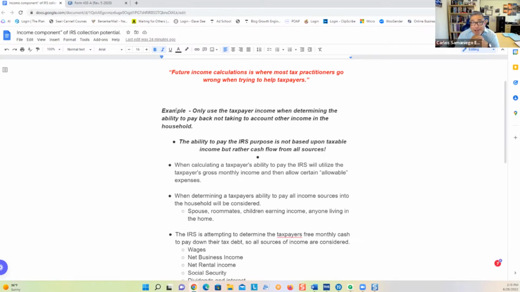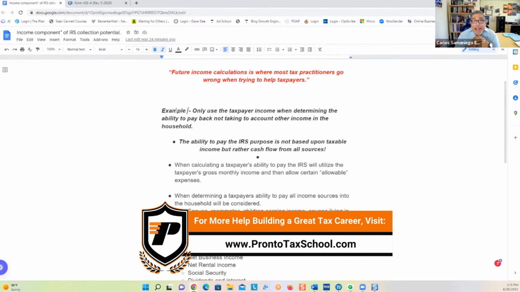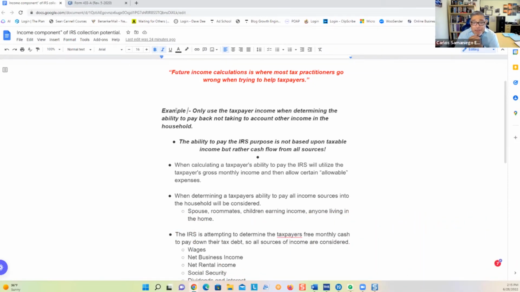Does anybody find that strange? As an example, let me use myself. When I didn't file my taxes, and then finally filed and had a huge, almost six-figure tax bill, when it was time for the IRS to determine the collection ability, even though it was my tax debt from before I got married, because I was married and lived in the same house as my spouse, I had to give them the income information that my spouse was making.